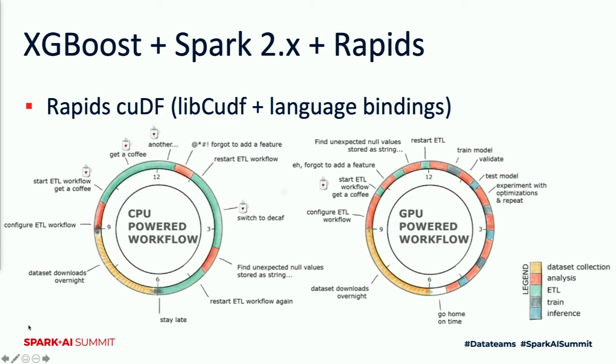Data engineers start in the morning by writing some code to load the data and do feature cleanups. They start it running on a big data set, then go and get some coffee. After a while, they realize, oh, I forgot to add a feature, so I need to change my code a little bit, restart it, and wait.